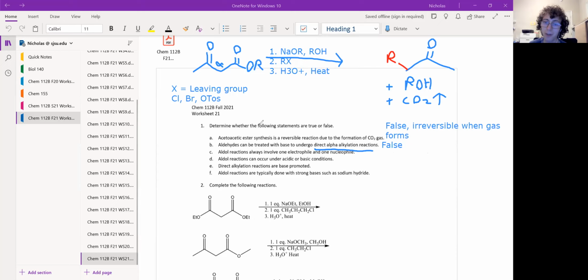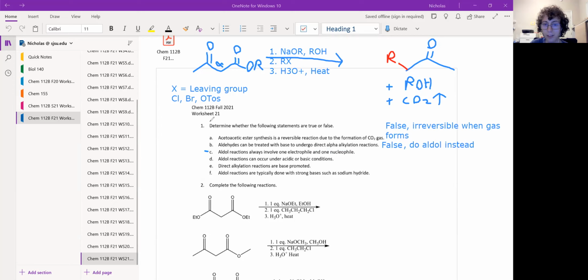But you can't do this with aldehydes because they're too reactive. They end up doing aldol reactions if you add a base to them. So you cannot add a base and then have it react with something else to do an alkylation. It's always going to do aldol before it does anything else.